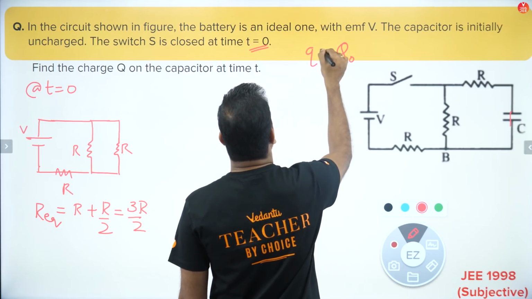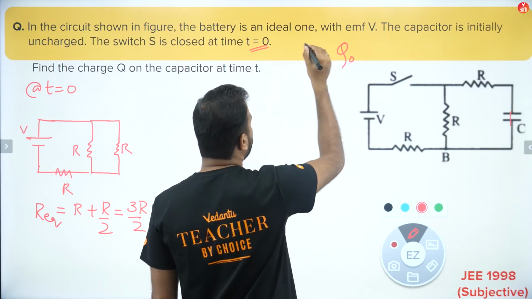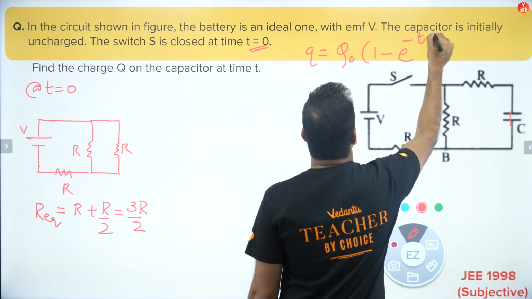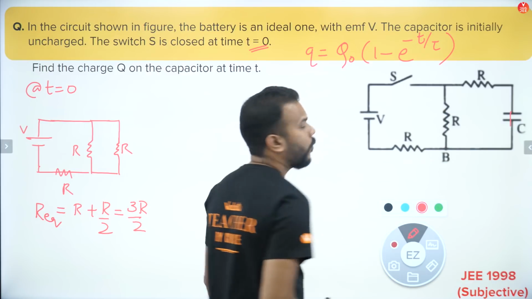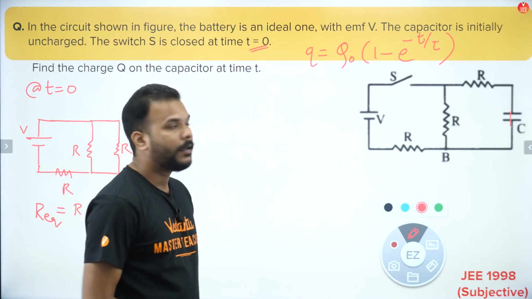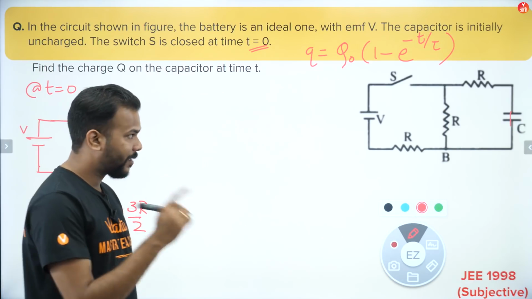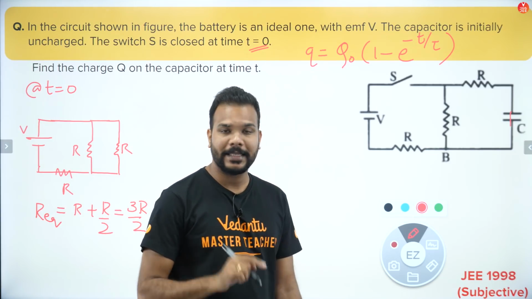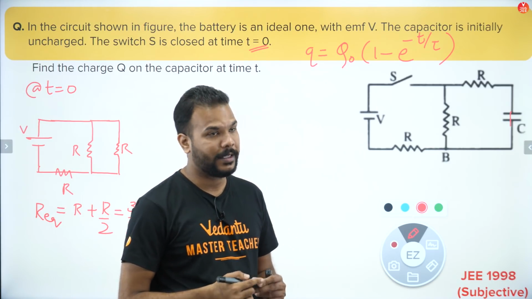So at any given point of time, the equation is written as Q equal to Q naught times 1 minus e to the power minus t by tau, where tau is equal to the product of the resistance and the capacitor. This is that time which is called the time constant.